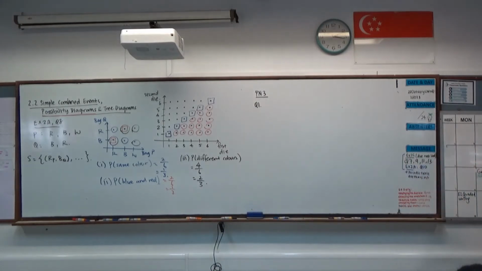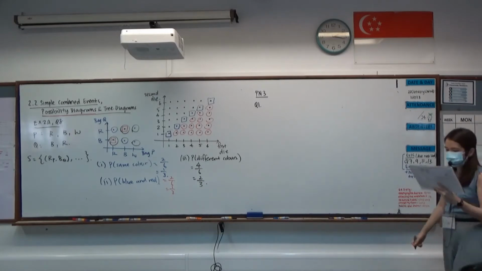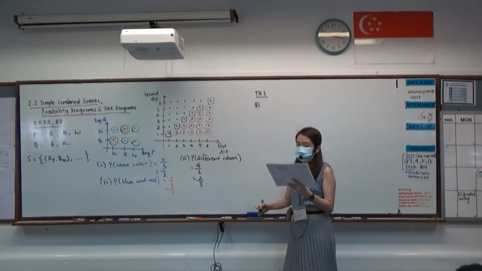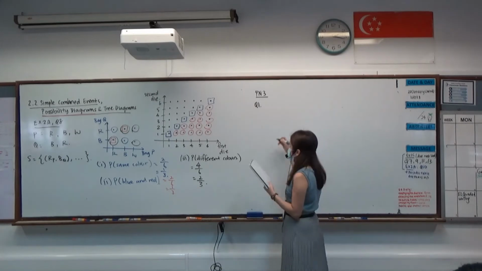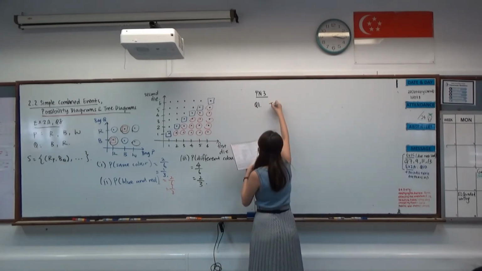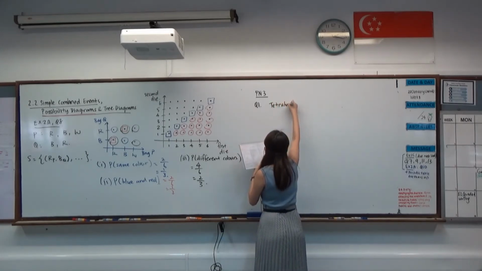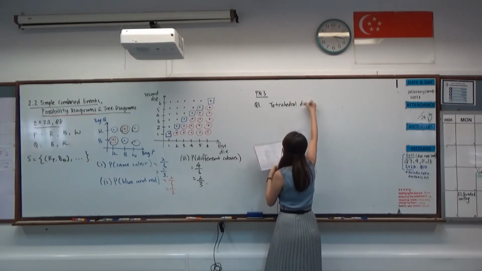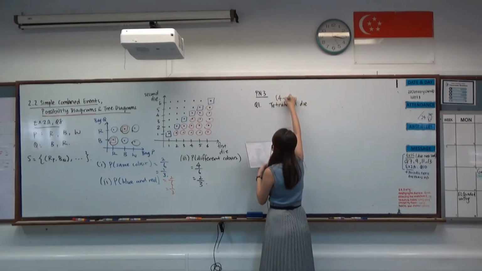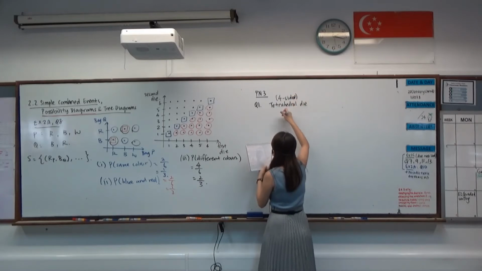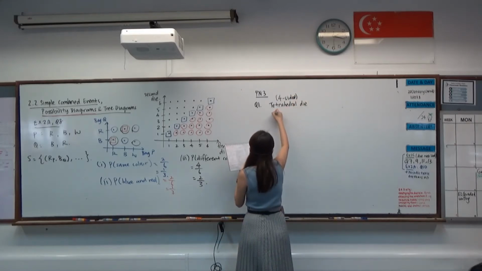Now 3, question 1 now. We are given a fair tetrahedral die. A tetrahedral die is 4-sided, and a fair 6-sided die.